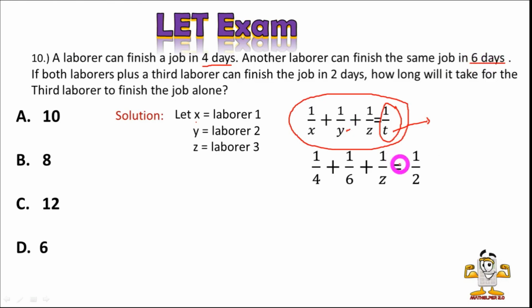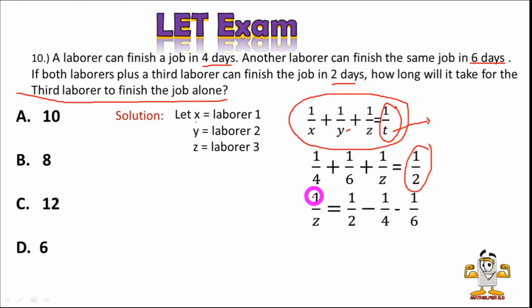Kung silang lahat is magtutulungan, so they can finish the job in 2 days. The question is, yung third laborer, how long will it take to finish the job alone? So 1 over z equals 1/2.